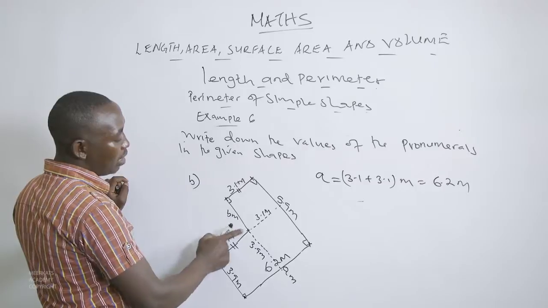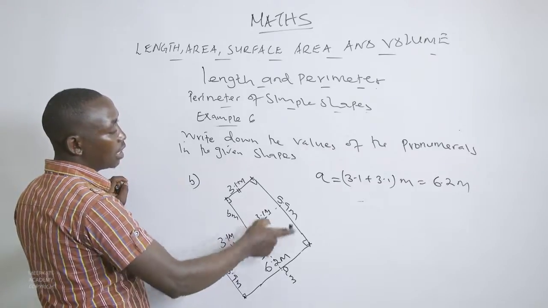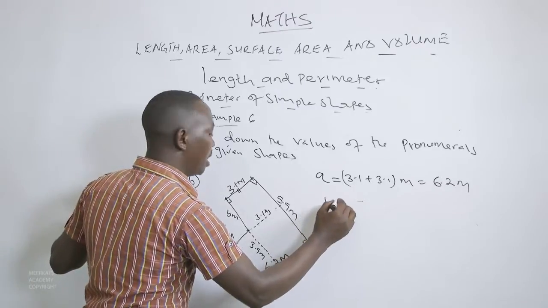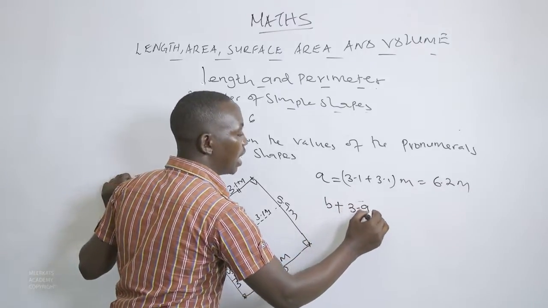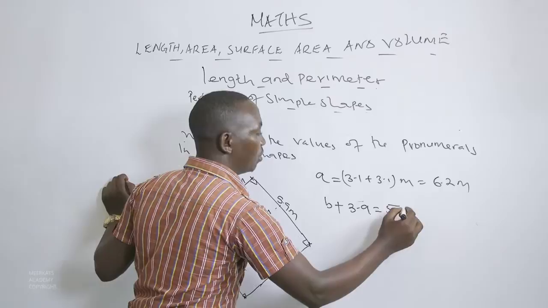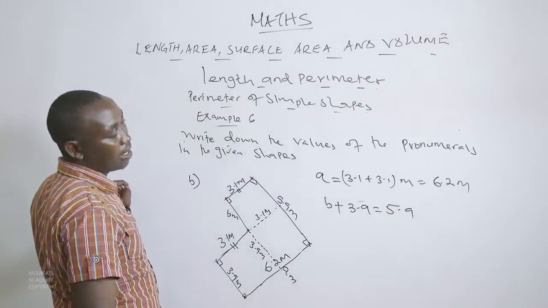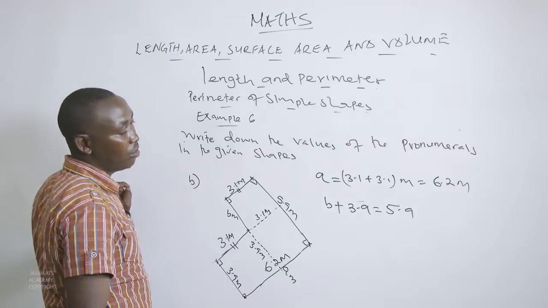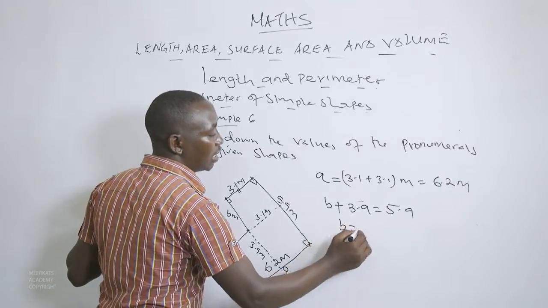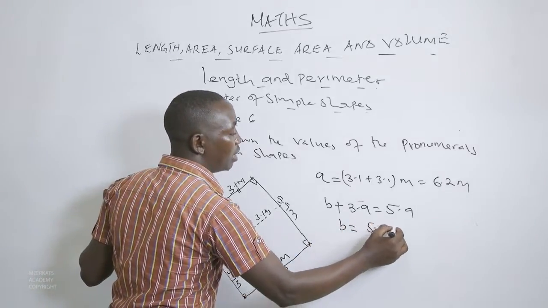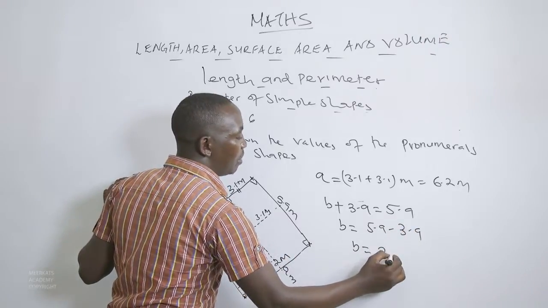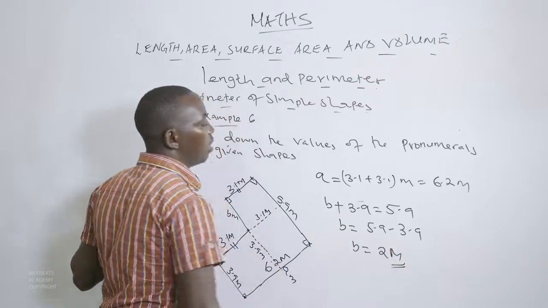So B plus 3.9 meters is equivalent to 5.9 meters. So for us to get B, we subtract 3.9 from both sides. That will give us that B shall be 5.9 subtract 3.9, which shall give us B to be 2 meters.